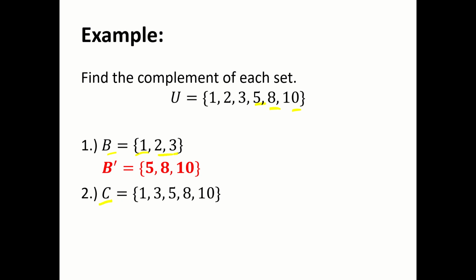What's the complement of C? So we have a 1, but there's no 2. Allow me to use another color. Okay, but no 2 in C. There is a 3 here, there is a 5, there is an 8, there is a 10. That means the complement of C is 2, because it's in the universal set but not in C.